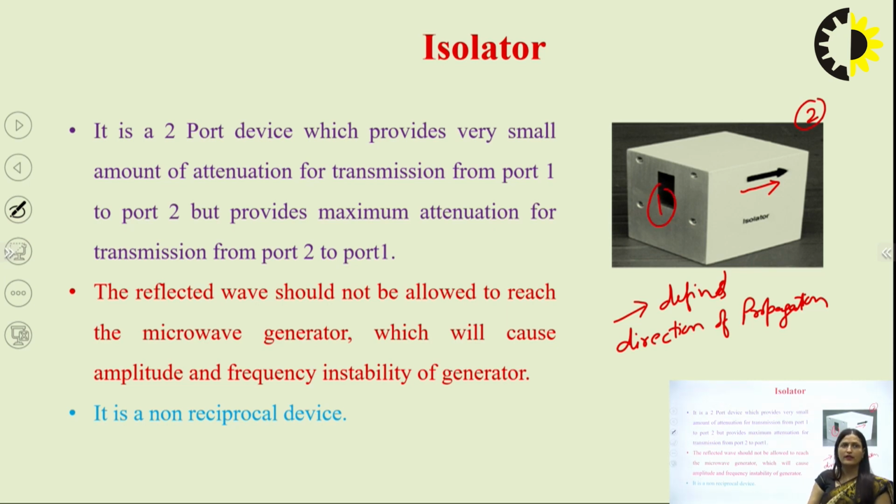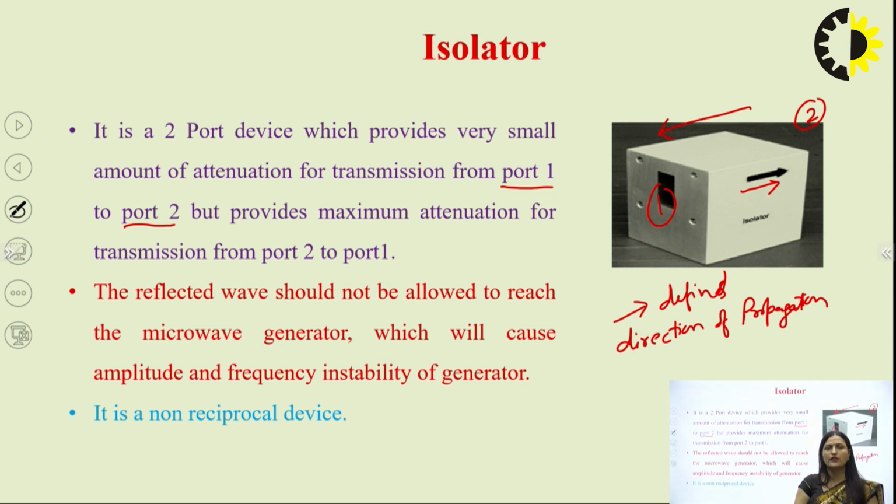It will provide very small attenuation when the wave is propagating from port 1 to port 2 in this direction. But it provides maximum attenuation for the transmission from port 2 to 1. It means if the wave is traveling in the opposite direction, the isolator will provide maximum attenuation.